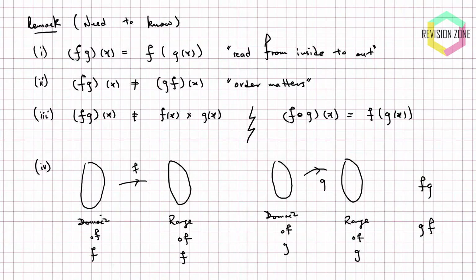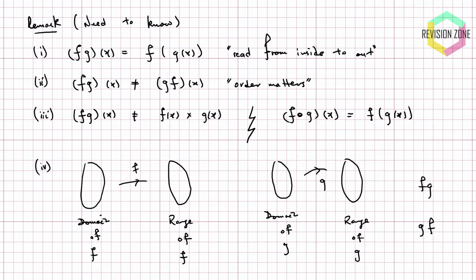So what do I mean? Say you've got f of g. The input is going to see the g first, and then it's going to see the f afterwards. It's going to start here somewhere, see the g, come here, and then want to see the f. But that only really makes sense if the range of g coincides in part with the domain of f.